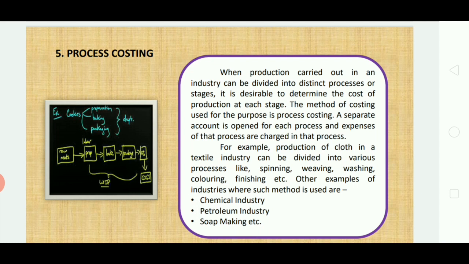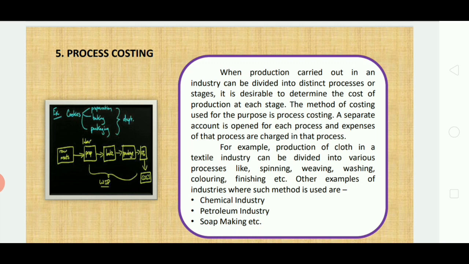Only after one process is complete do you pass the semi finished work on to another process. So here you find out the cost of each process. Like you are preparing the spinning process account, then weaving process account, washing process account, coloring process account and finishing process account, and find out the cost of every process account.